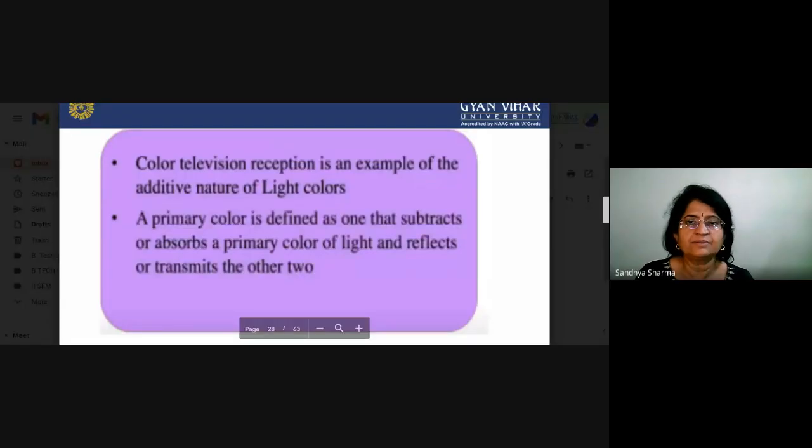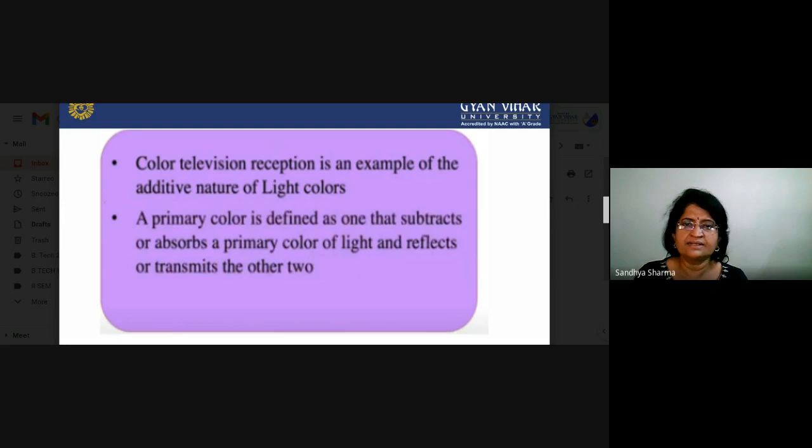Color television reception is a perfect example of the additive nature of light color. In color television, we use additive color mixing.